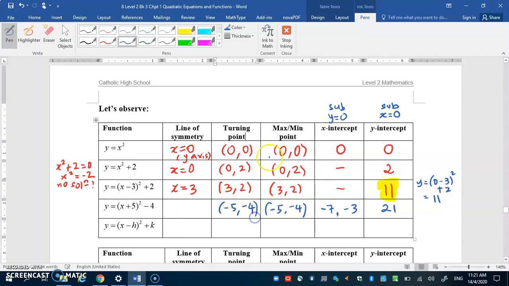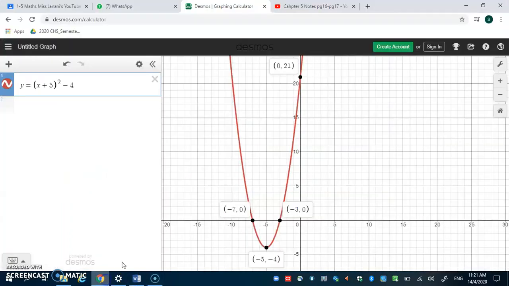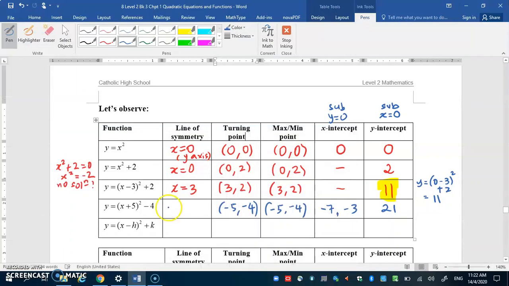These two are the same. And the line of symmetry, of course, is the line passing through this minimum point, which is x equals negative 5. So that is my line of symmetry.